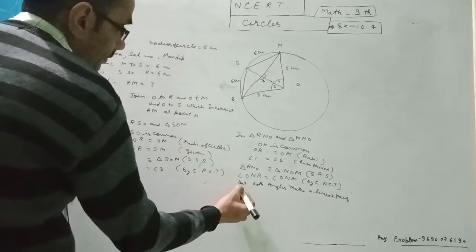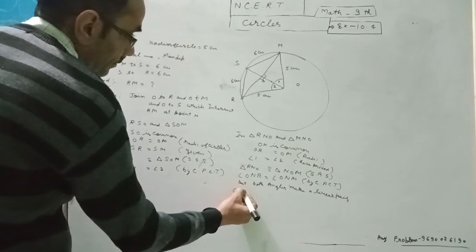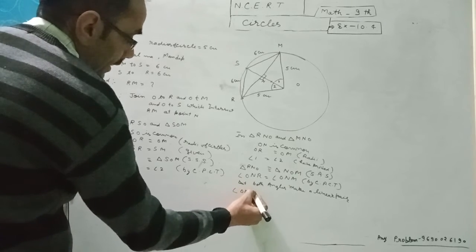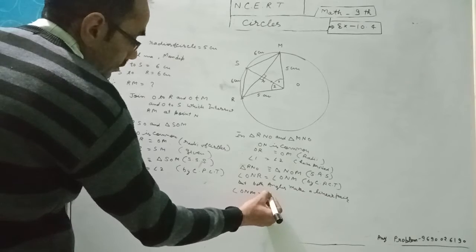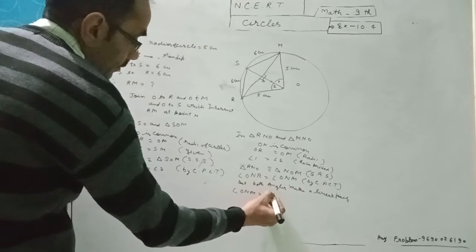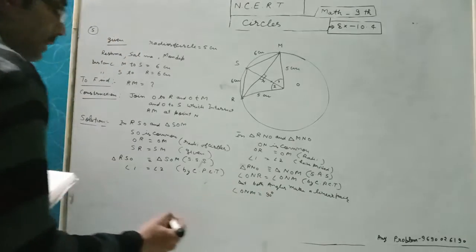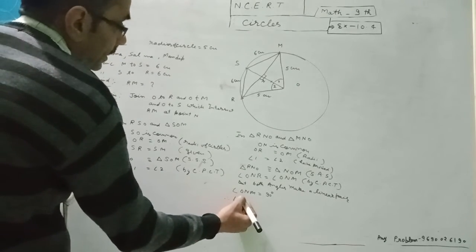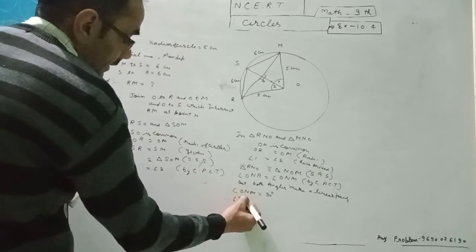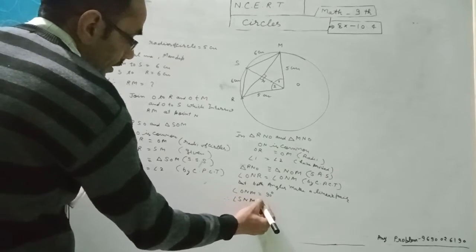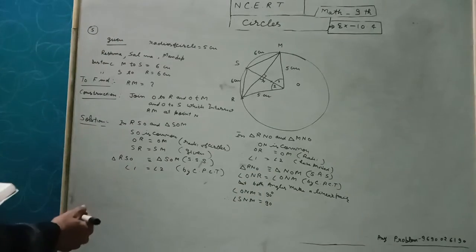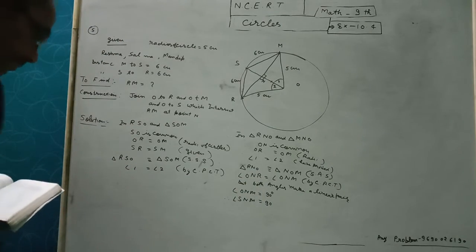So angle ONM is equal to... both angles are 90. And angle S and M also is 90. Why? SO is a straight line.